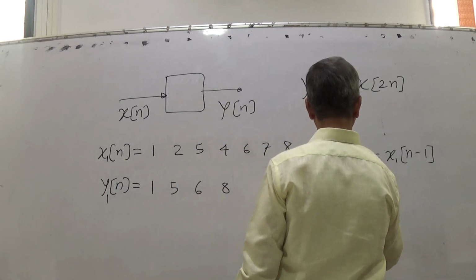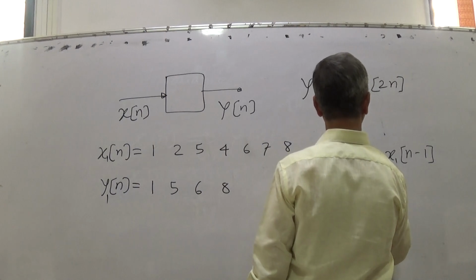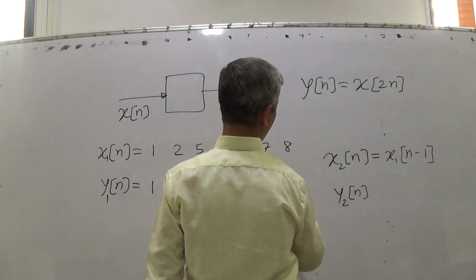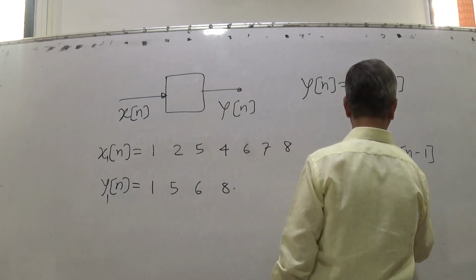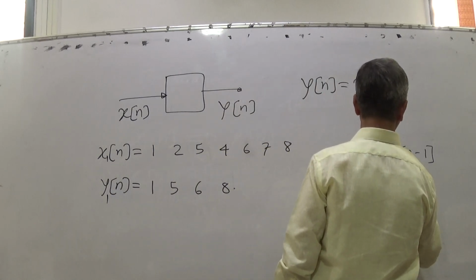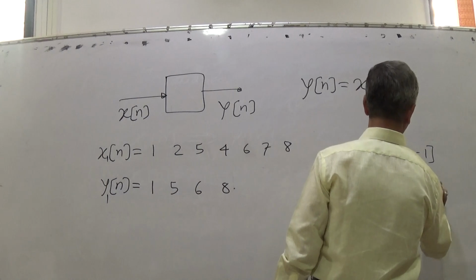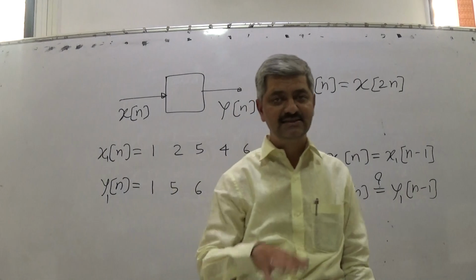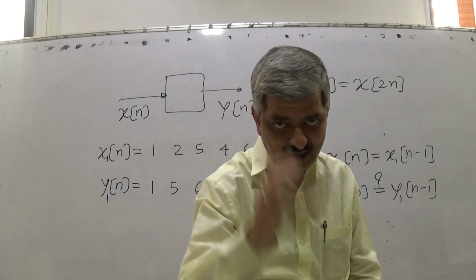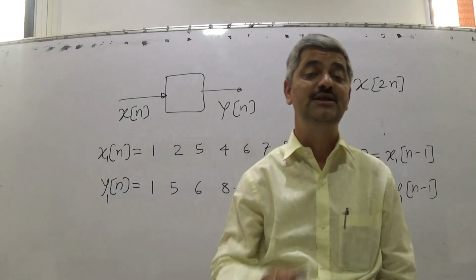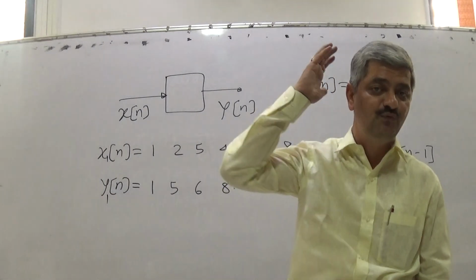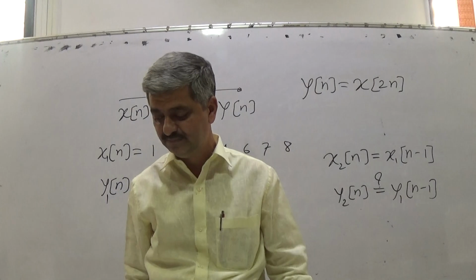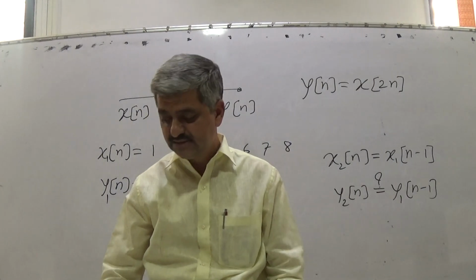Compute y2[n], y1[n] is here, and try to establish whether y2[n] is equal to y1[n minus 1]. If it happens, it is shift invariant. In this case, I give it as homework. It doesn't happen, so it is a time variant system.